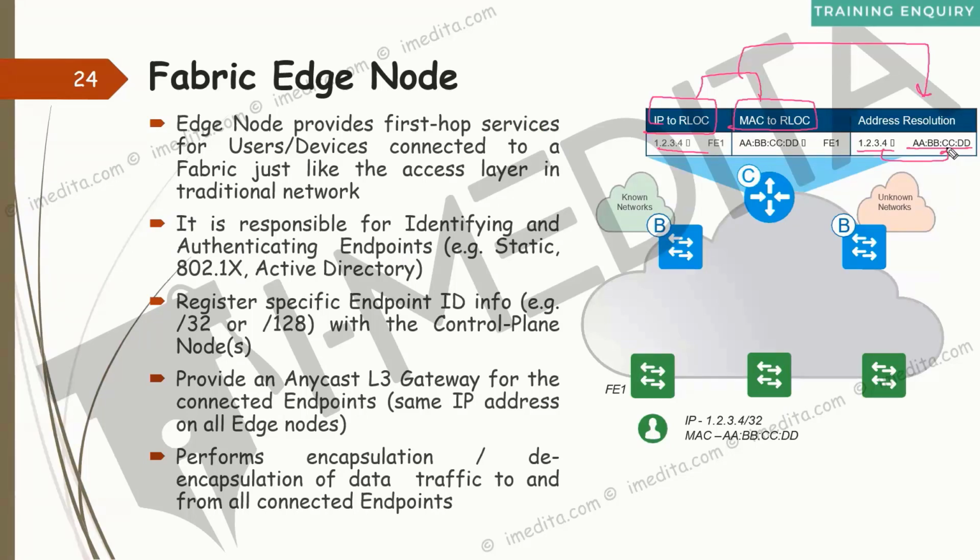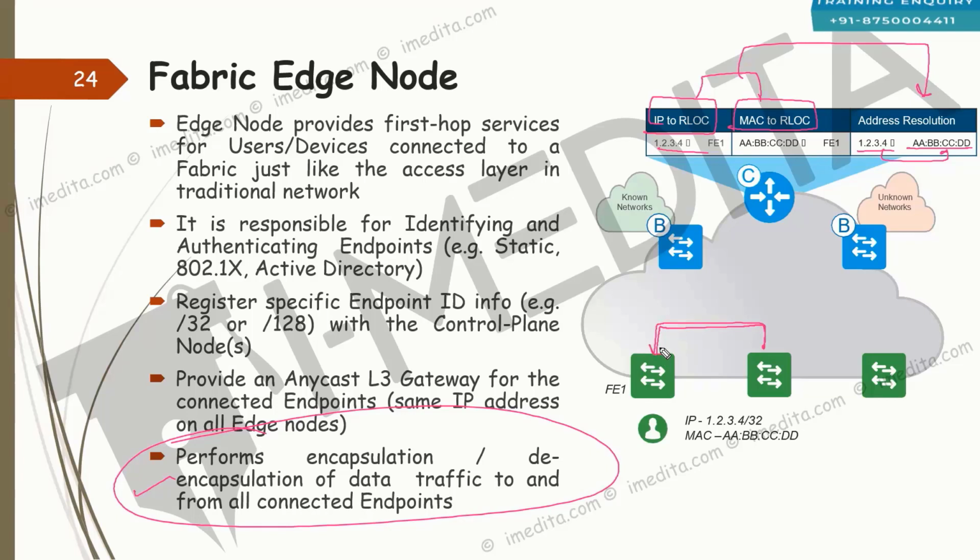Register endpoint information to the control plane node. Perform encapsulation and decapsulation of the data when the traffic is sent and received onto the device. Whenever the traffic is sent out of the fabric edge node, it will be encapsulated. When the traffic is received on the fabric edge node, it will be decapsulated.